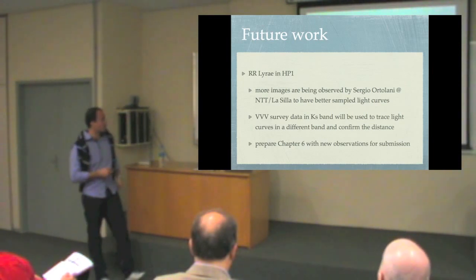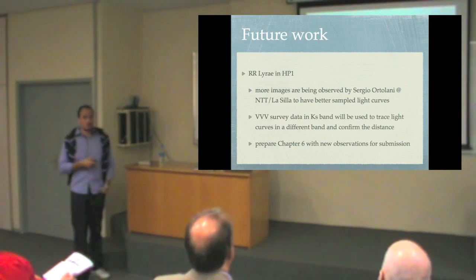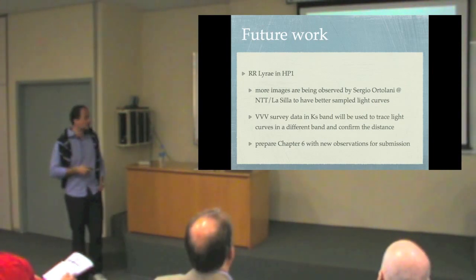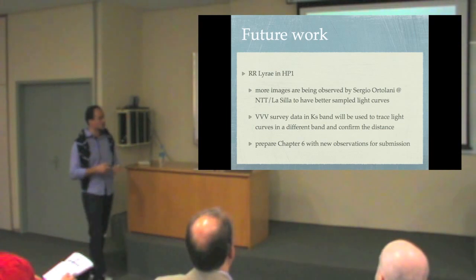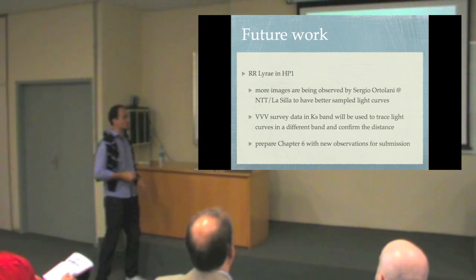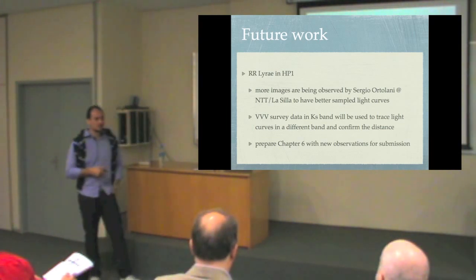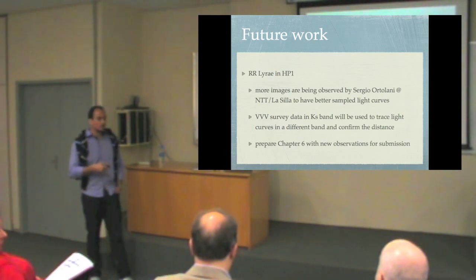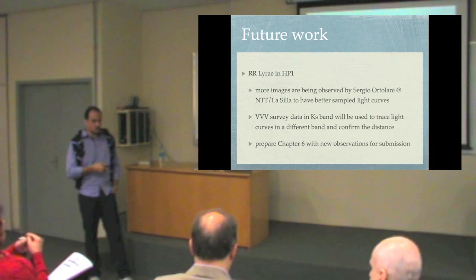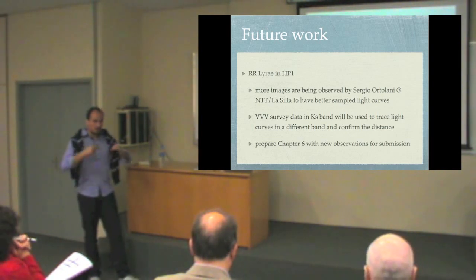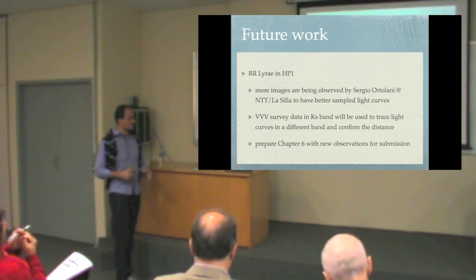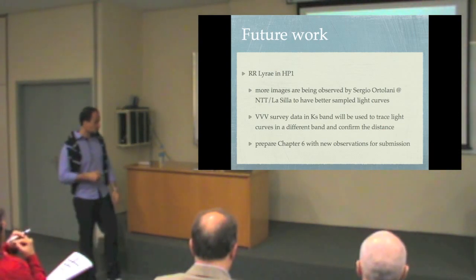And from our collaboration, Sergio Ortolani is now observing more images for this cluster to derive a very well sampled light curve and to constrain very well the distance. And then the age should also be compared with the VVV survey. We are members of this survey, so we have access to other bands, so we can derive also other light curves and confirm very well the distance.